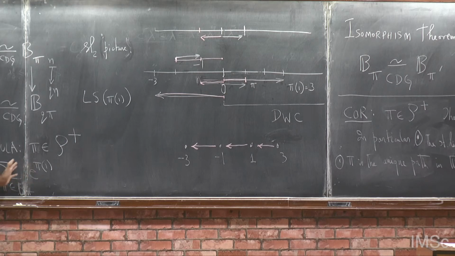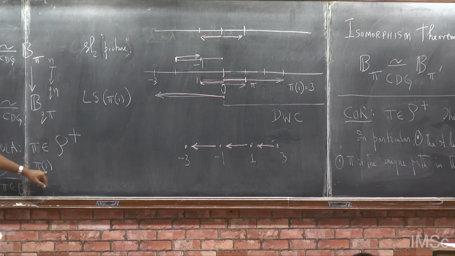Of course, to make sense of this, you must ensure that, given an endpoint, there are only finitely many paths ending there, because otherwise I'll keep adding. If I have infinitely many paths ending at mu, then this doesn't make sense. Okay?